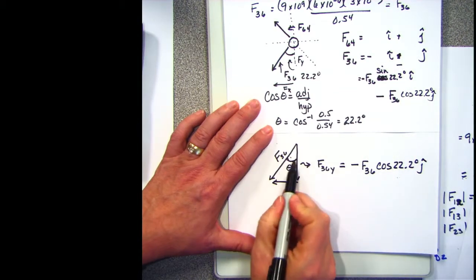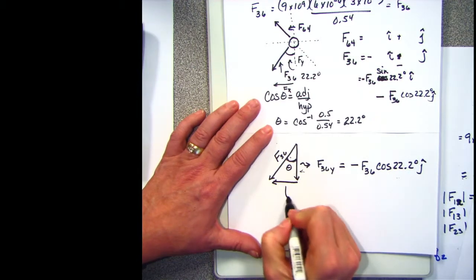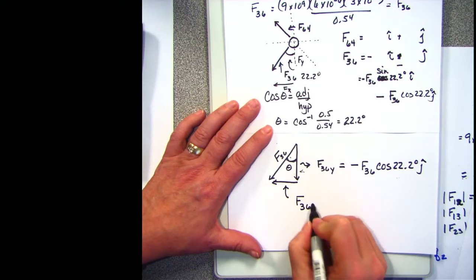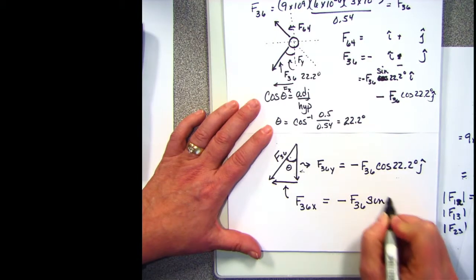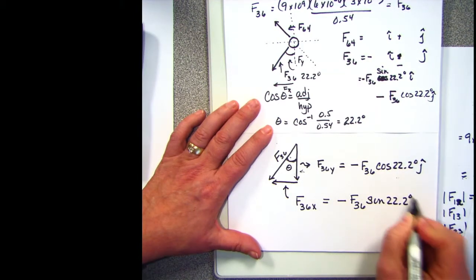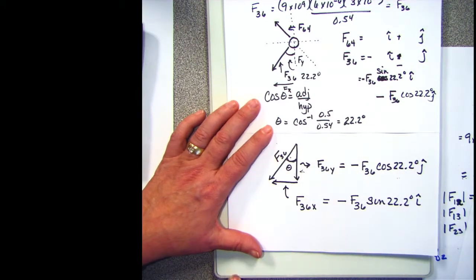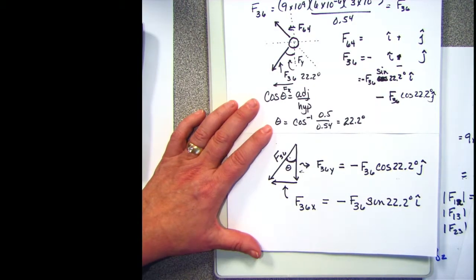Because this is the angle that I know, this becomes the adjacent side. That's why I'm going to do the cosine. F36 in the x direction is going to be negative F36 sine of 22.2 degrees in the I direction, because this is the opposite side from the angle that I know. And it's all about the angle that I know.